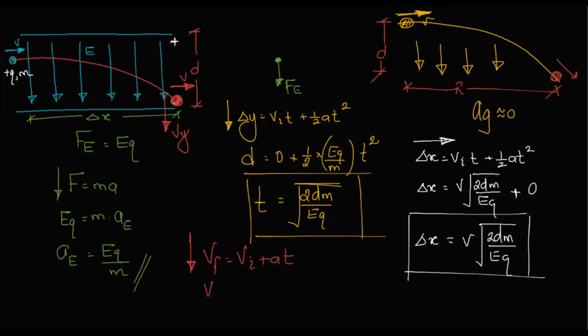The final velocity is vy, the initial velocity in the vertical direction is 0, the acceleration is EQ over m, and the time is the square root of 2dm over EQ. So that is the square root of 2d EQ over m, I guess. So that is your final velocity, right?